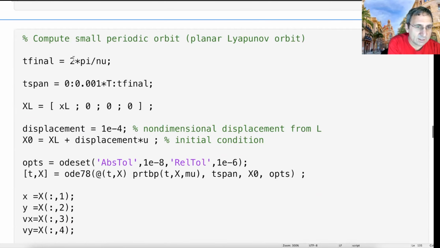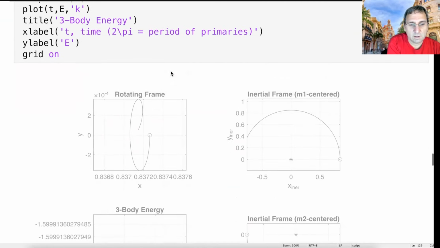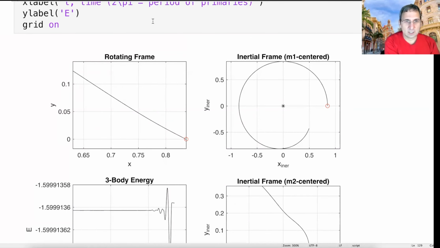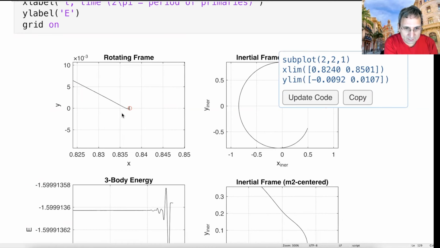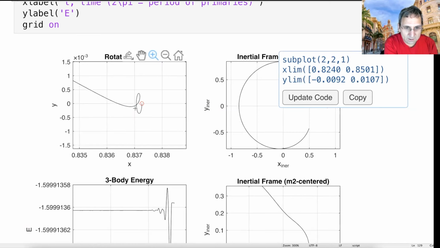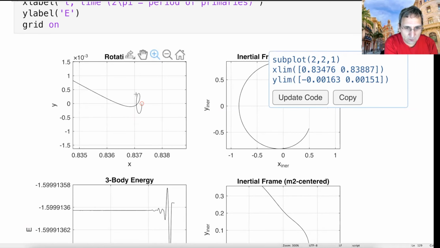So if I say instead of 2 pi times mu, I do 4 pi times mu, and then run this. Right, it does automatic rescaling. So if I wanted to really see what's happening down there, I've got that tiny little periodic orbit. It's almost doing a periodic orbit, then it doesn't quite do it, and then it goes off in an unstable direction.